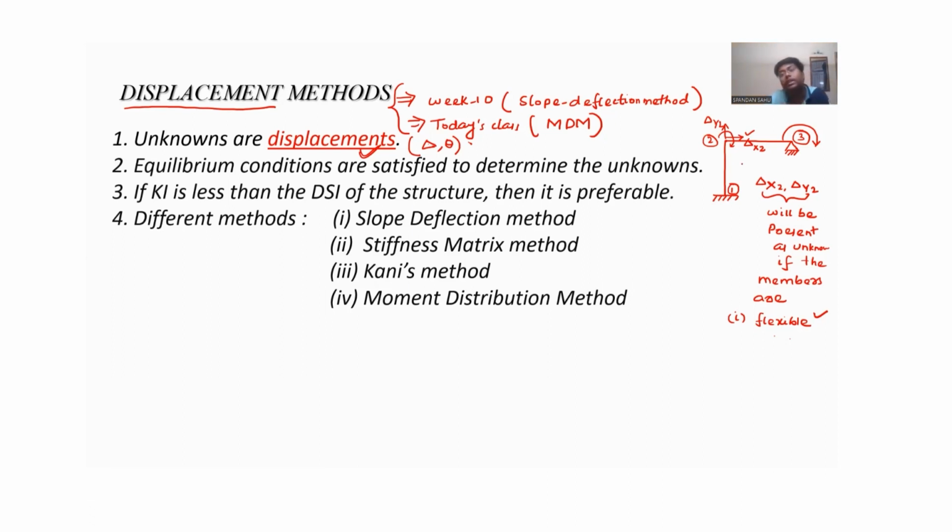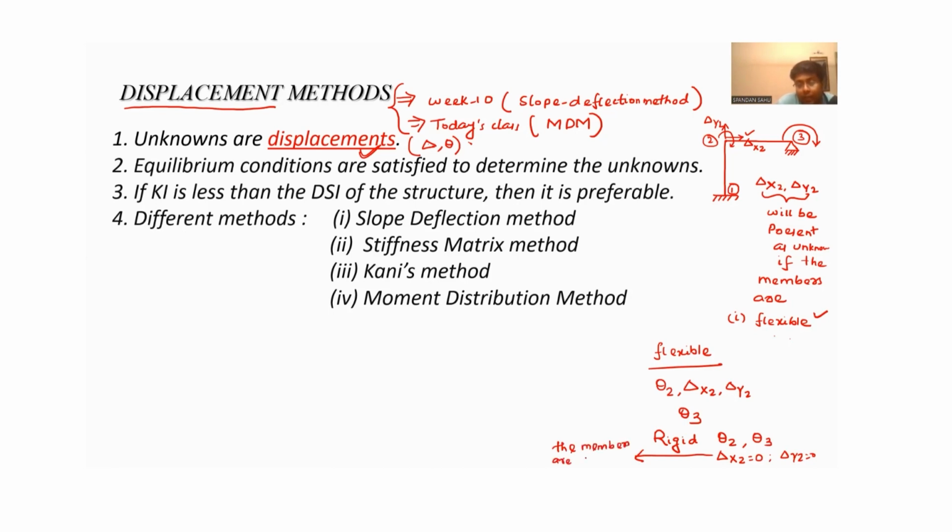Hence, your degrees of freedom reduces, and your degrees of freedom will be, for flexible case, theta 2, delta x2, delta y2, theta 3. And for rigid, it will be theta 2 and theta 3, whereas delta x2 will be 0 and delta y2 will be 0.